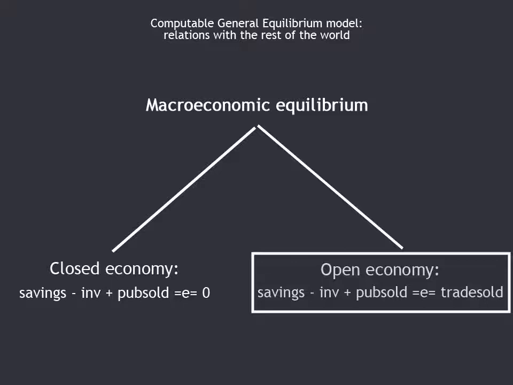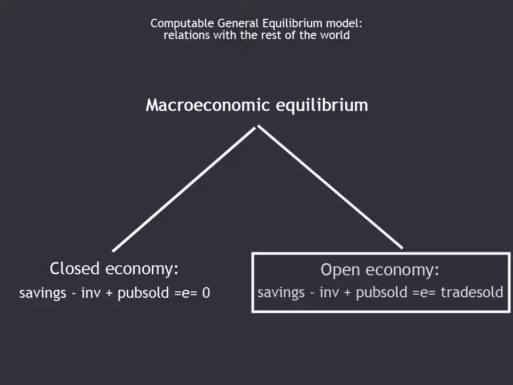And the idea is that we've got a new agent, the rest of the world, which has either a capacity of financing or a demand for financing. And so either the external account is positive, the economy finances the rest of the world, or it is negative and the economy is financed by the rest of the world.